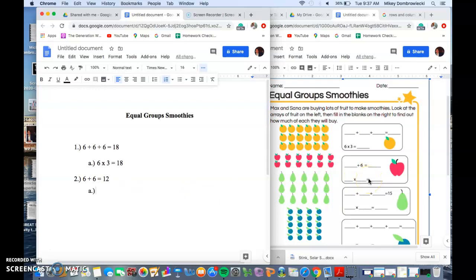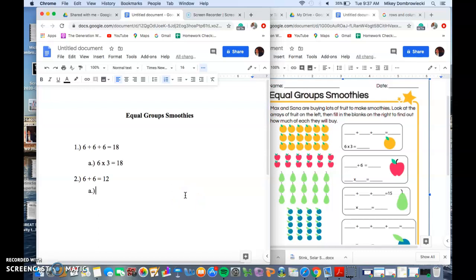Now, what are we multiplying here? This is where it can get tricky because they give us no hint. Similar to this, remember we had 6 oranges in this row, and we had 3 rows. So we had the 6 times 3. So we know here we're not doing 6 times 6, but what are we doing?